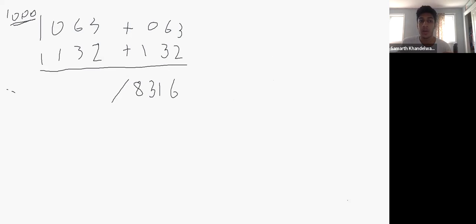1,132 plus 63 is equal to 1,063 plus 132, and that's going to give me 1,195. However, remember, there's only 3 digits in here. That means there's only 3 digits allowed on this side. And so that means we have to carry the 8.